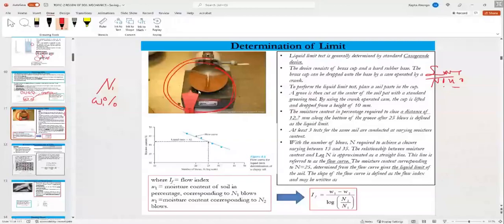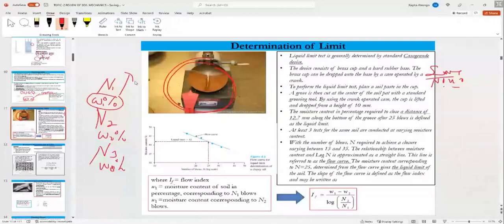Put the soil again in the Casagrande device, cut the groove, and count the number of blows required to close the groove, and get water content 2. Do the test again at a different water content, number of blows 3, water content 3. The water content is determined by the standard method of determining the water content from the oven.